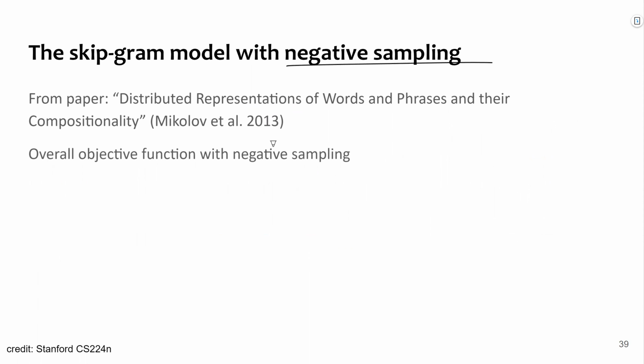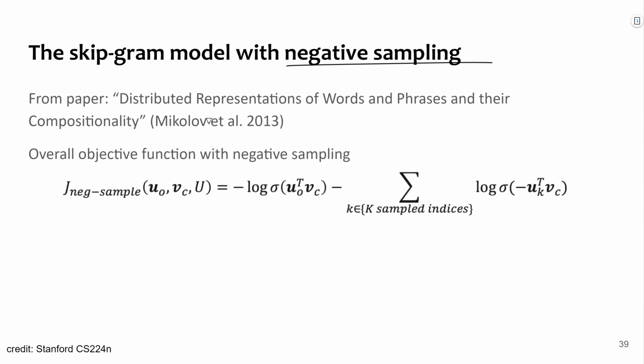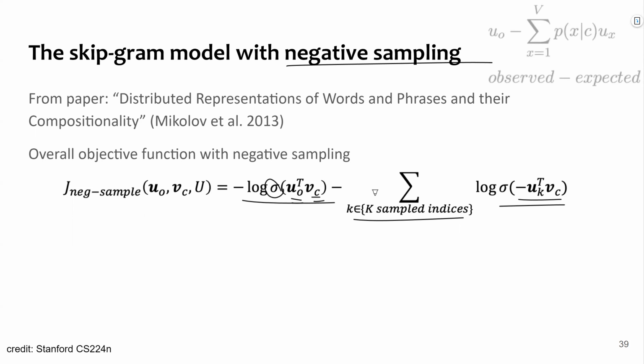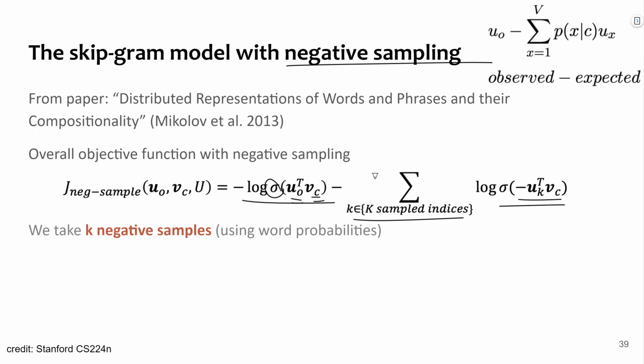The overall objective function with negative sampling is like this. We want to maximize the probability of the context word and the center word, through the sigmoid. And for negative samples, we want to minimize the probability. This is the overall objective function. We take k negative samples using word probabilities. How do you sample these negative samples?